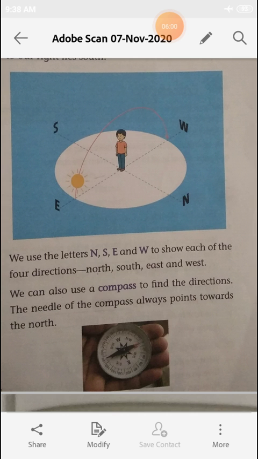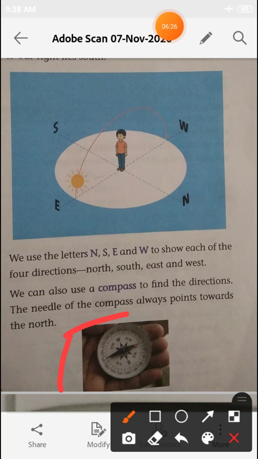We can also use a compass to find the direction. What is a compass? A compass is a tool used to find the main directions. The needle of the compass always points toward the north.